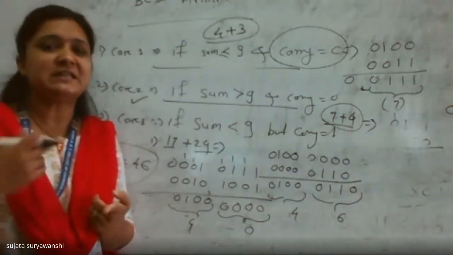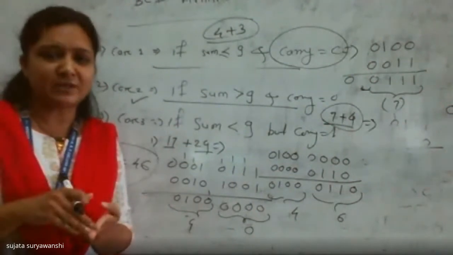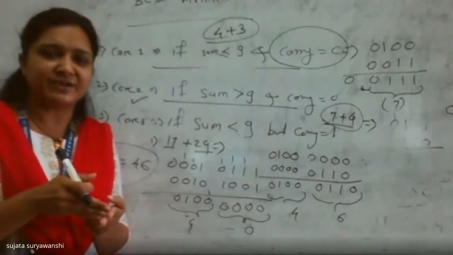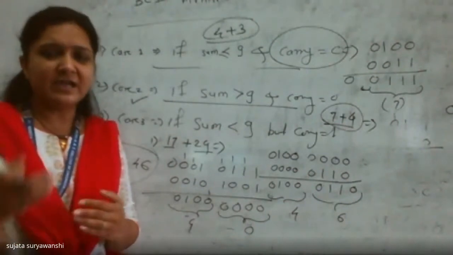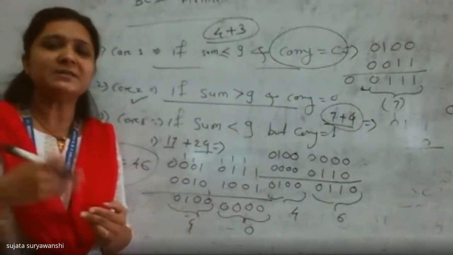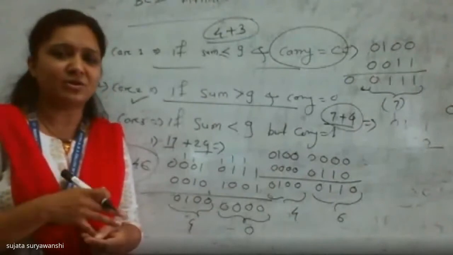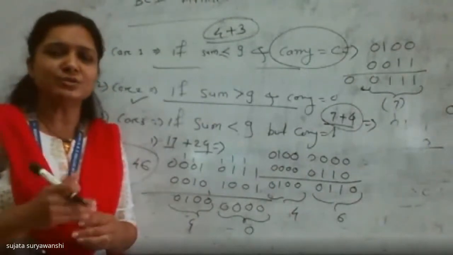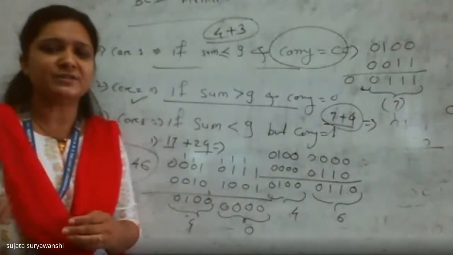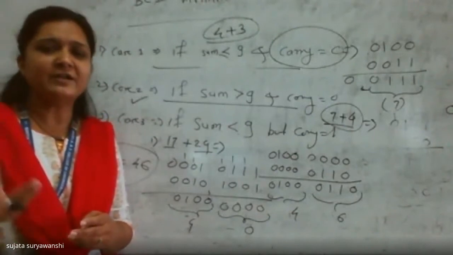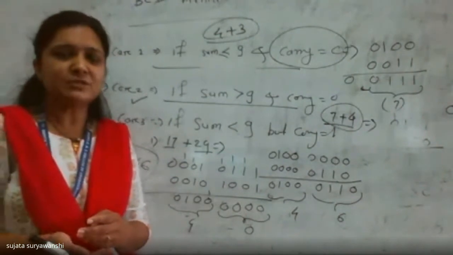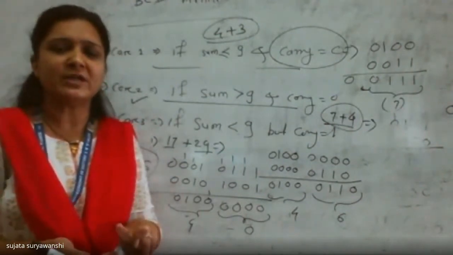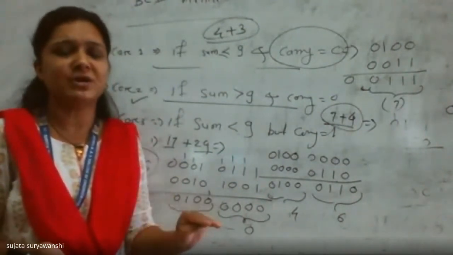If your sum is less than 9 but carry is equal to 1, means carry is generated in the addition, then you have to add 6 into your result. And the third case, if your sum is greater than 9 but carry is not generated, in that case also you need to add 6 into your result to get a valid BCD format. Understood or not? Yes, means what? In the second and third cases, you have to add 6 into your result.